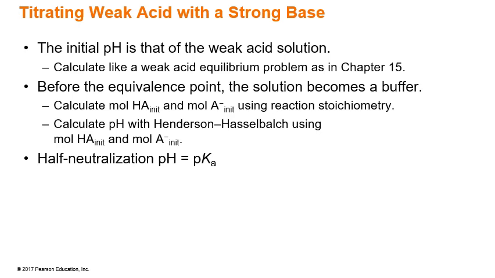When we get to the point after the initial pH, before the equivalence point, when we've started adding base, this is going to be a mixture of the weak acid and its conjugate base. And so we're going to have to solve the pH for this using the Henderson-Hasselbalch equation.